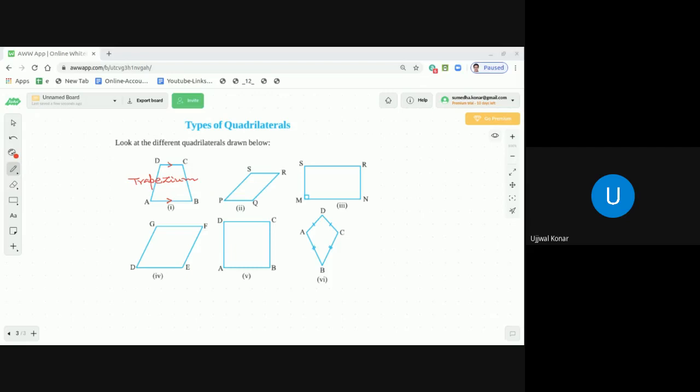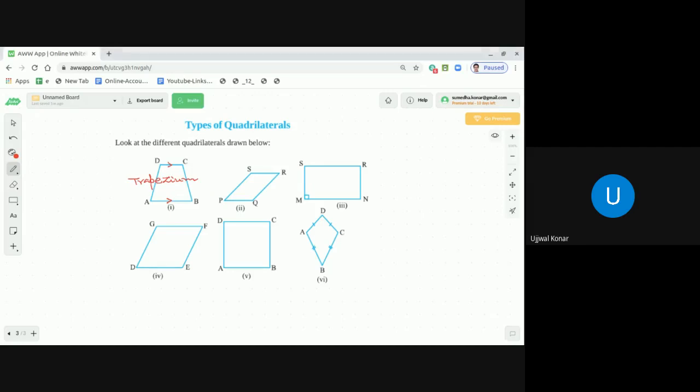A parallelogram is a quadrilateral with each pair of opposite sides parallel. A parallelogram is a trapezium, but a trapezium is not necessarily a parallelogram. That we'll discuss later. But what I said is the fundamental definition of a parallelogram. I repeat, dear students, you can take a note of it: a parallelogram is a quadrilateral with each pair of opposite sides parallel.